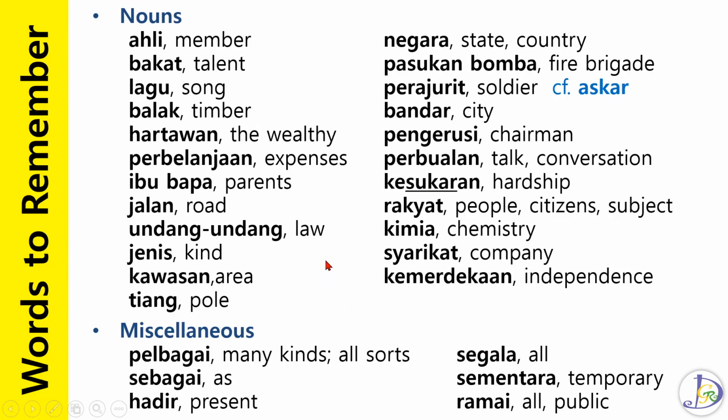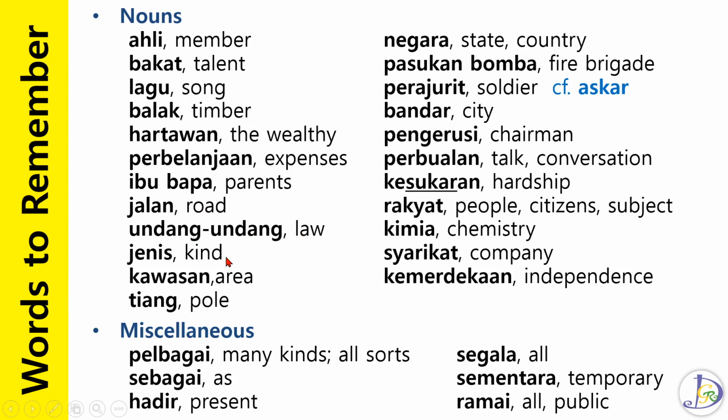Words to remember. Ahli, member. Bakat, talent. Lagu, song. Balak, timber. Hartawan, the wealthy. Perbelanjaan, expenses or expenditure. Ibu bapa, parents. Jalan, road. Undang-undang, law.